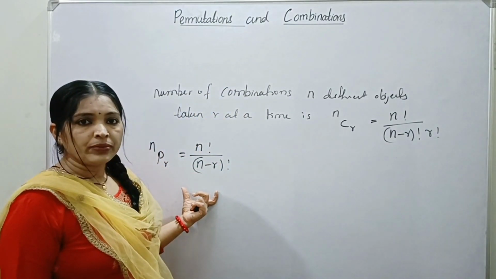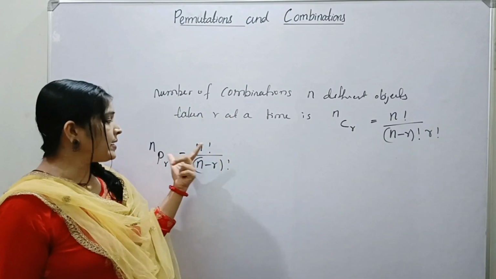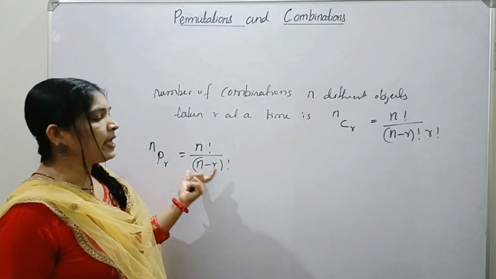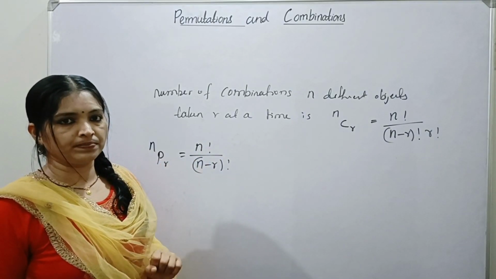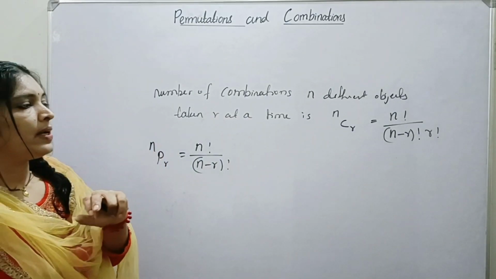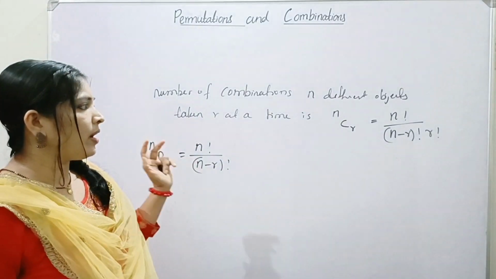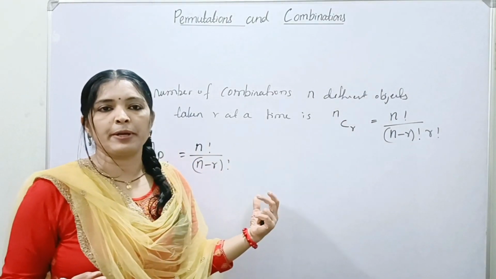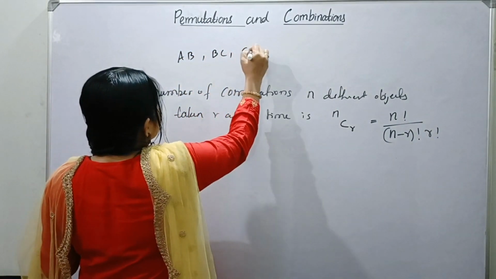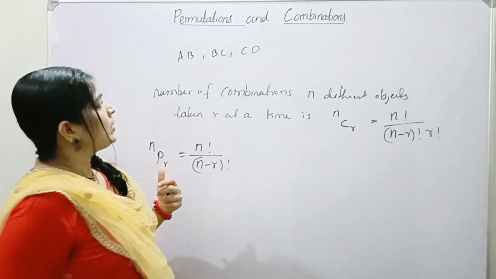In permutations, the number of permutations of n different objects taken r at a time, nPr, is equal to n factorial divided by (n minus r) factorial. Now we will write the relationship between permutations and combinations. We noticed in the last example that we wrote AB, BC and CD, and so on. Those are the combinations, right?